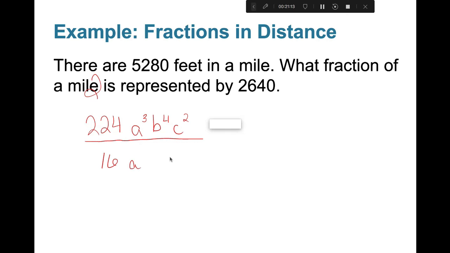Write this down. b to the 4th c squared. And I want to reduce that and write it in the simplest form.